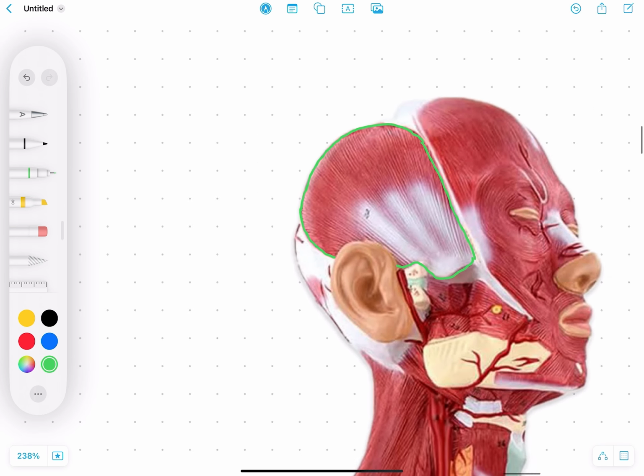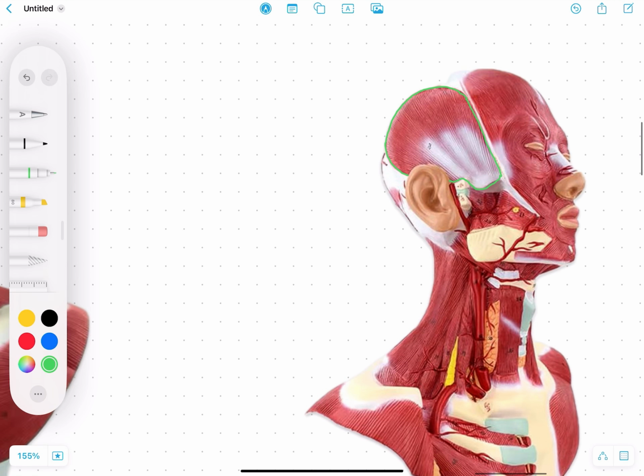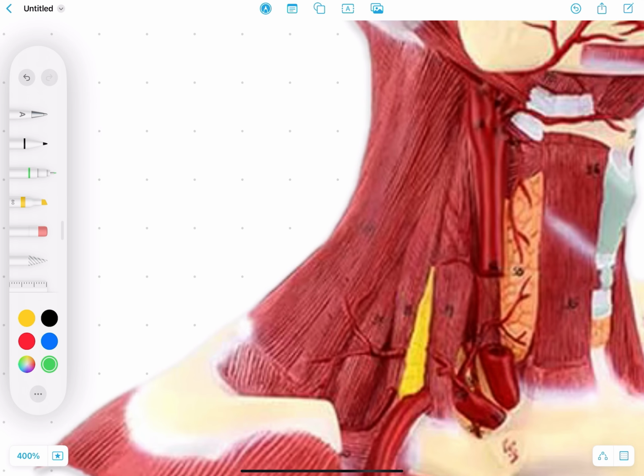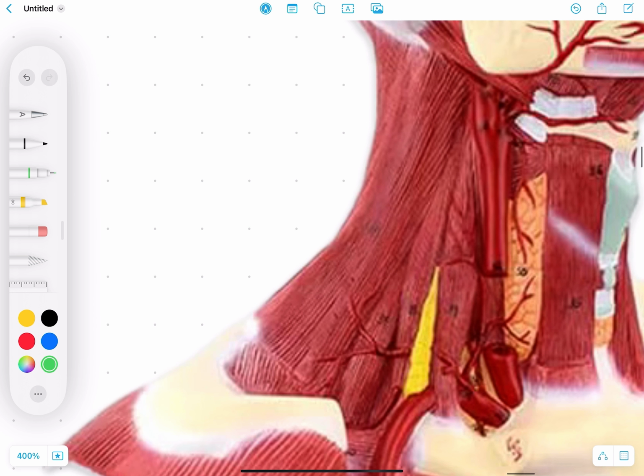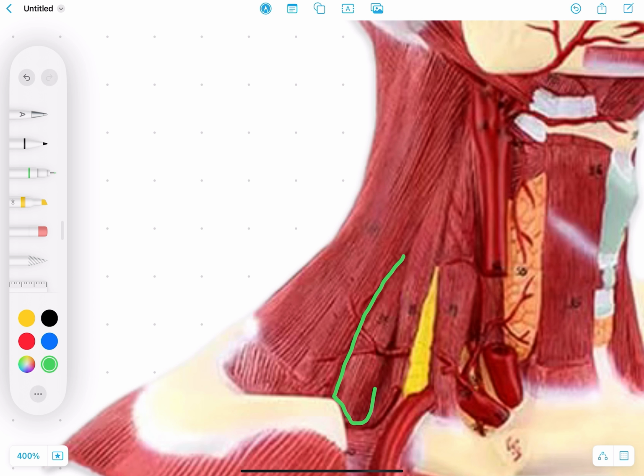So if we extend our view down into here, looking more towards the neck, we've got three muscles right here. We've got one right there like so. We've got this other muscle that runs up next to it in this formation here. And then we've got this muscle right here, and it extends up a little bit more.